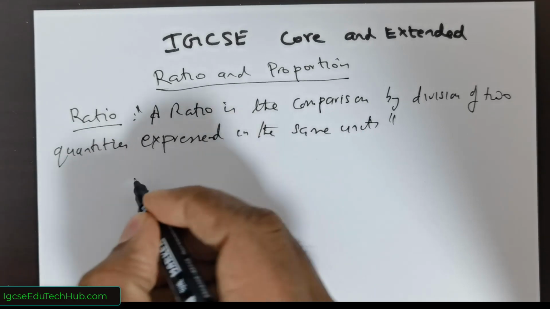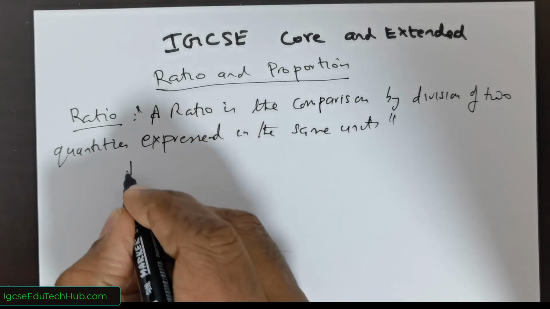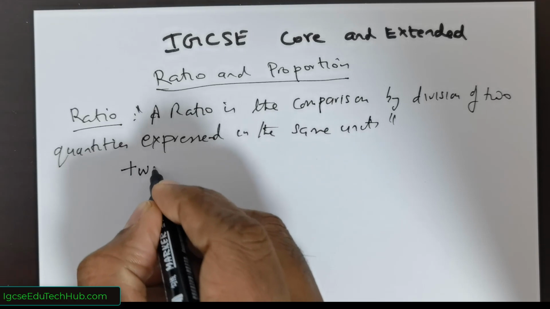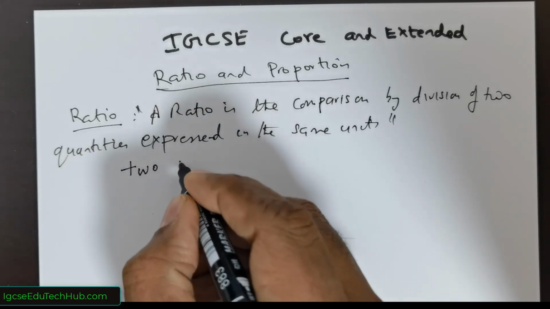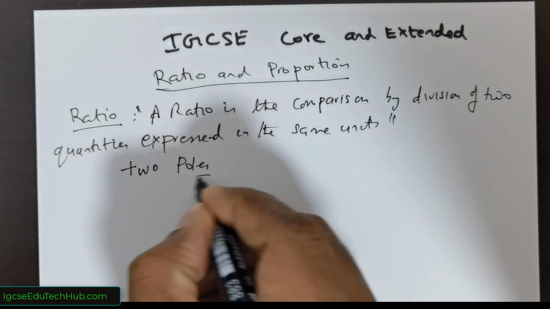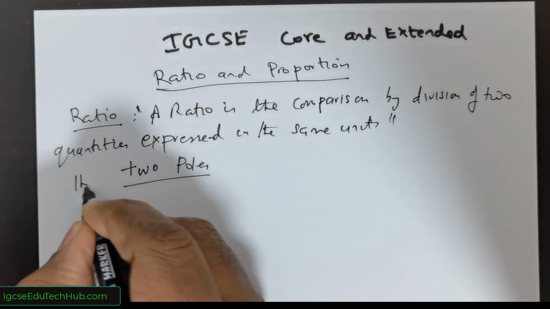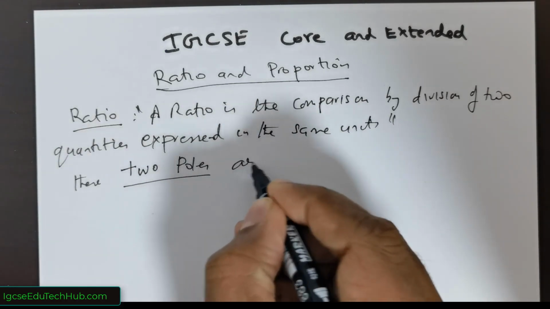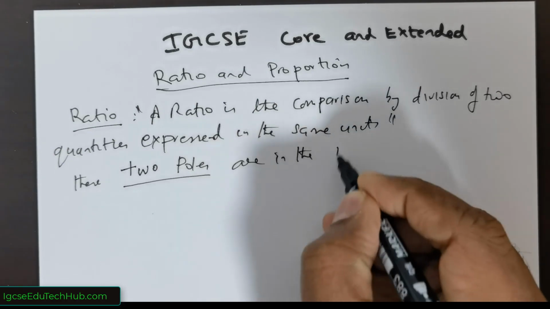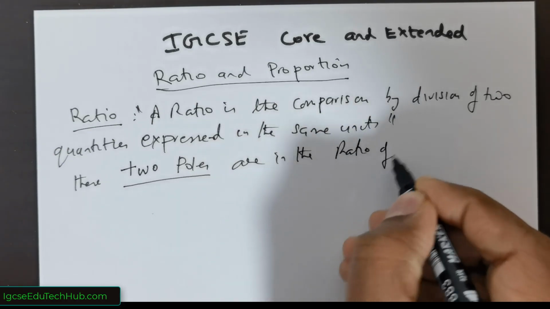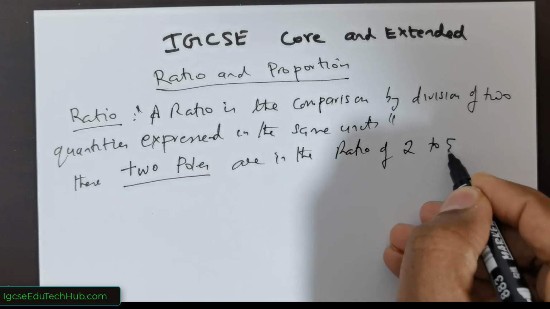For instance, imagine you have two poles, and these two poles are in the ratio of 2 to 5.